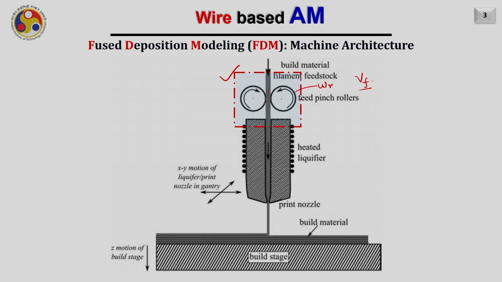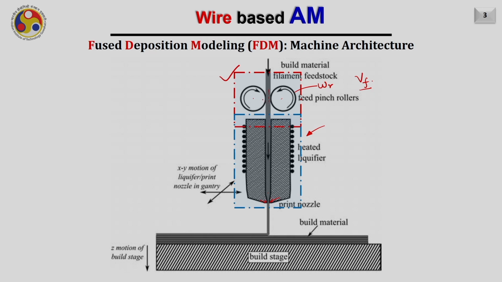Also, we have discussed a little bit about the liquefier, and we have found the pressure drop which will occur when the wire enters the liquefier, converts from the solid to liquid form, and gets extruded from a tiny orifice from here.